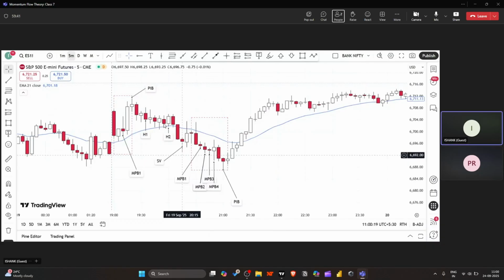After MPB3, we got a pause bar. That pause bar turned into a PIB. Then again, we got a pullback breakout on the fourth bar from that PIB. If you start marking the spike from bar 7, you will see.